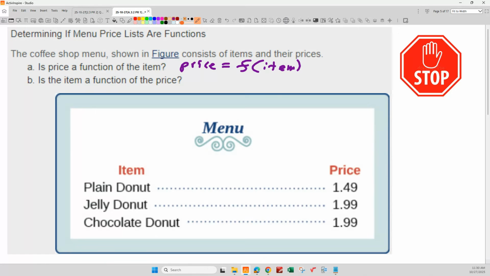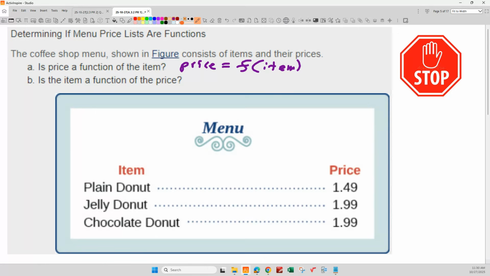And first of all, remind me, what's the definition of a function? For each input, there is exactly one output. Okay, so is that true? For each input item, how many outputs are there? One. If I input a jelly donut, the output is price. How many different prices are there for a jelly donut?